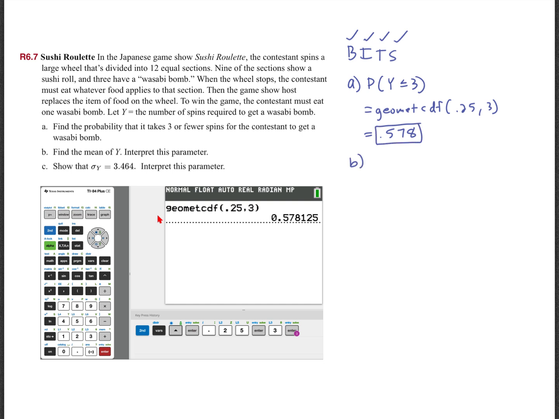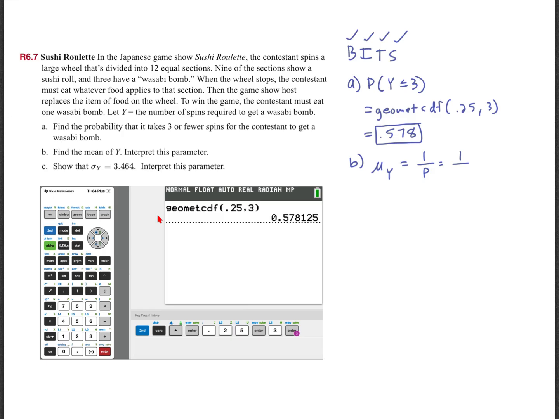okay, so for the next one, they say find the mean of Y. So for geometric, you want to know the mean of Y. Okay, so mean is just 1 all over p, and these formulas will be given.